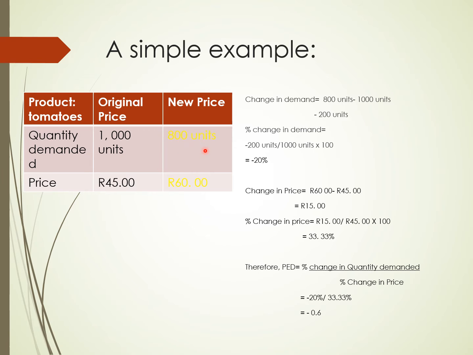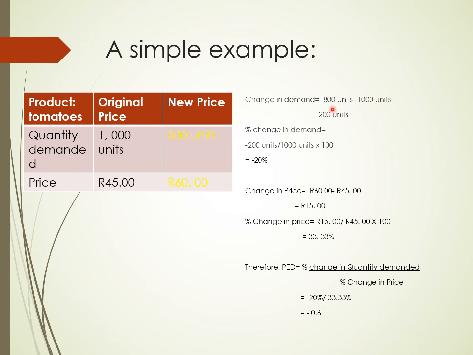So it means there's a fall of 200 units from the quantity demanded. Now, when we calculate the change in demand, we say the new quantity demanded, which is 800 units, minus the original quantity demanded, which is 1000 units.